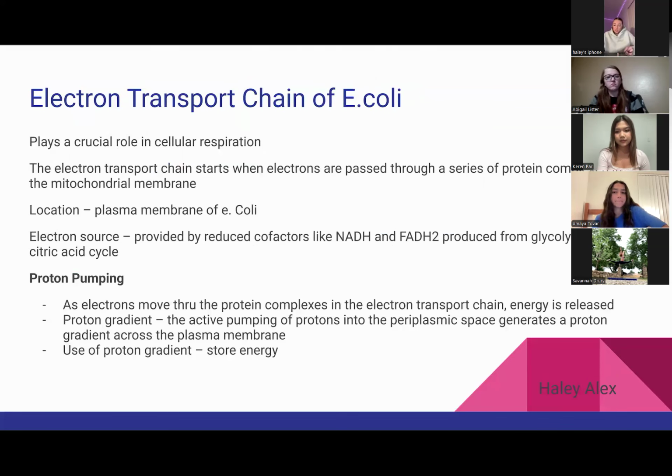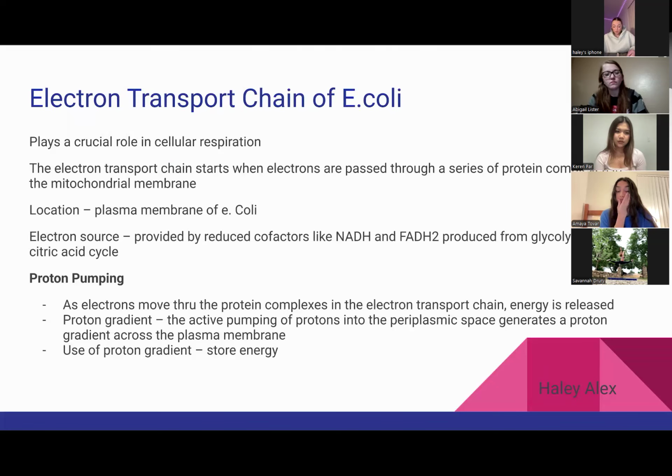For the electron transport chain, the electron transport chain starts when electrons are passed through a series of protein complexes in the mitochondrial membrane. It's located in the plasma membrane of E. coli because they lack a mitochondria. For the electron source, electrons are provided by reduced cofactors like NADH and FADH2 produced from glycolysis and the citric acid cycle.